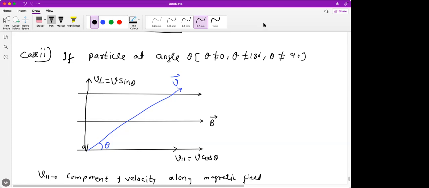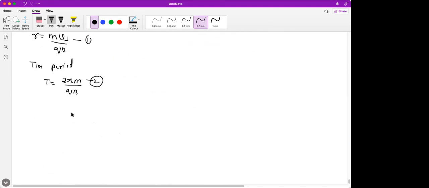Can you guess the path of the particle, the combination of circular and v parallel? What would be the shape of the path due to the combination of circular and straight line? Tangential. Okay. Any other answer, Fatma?